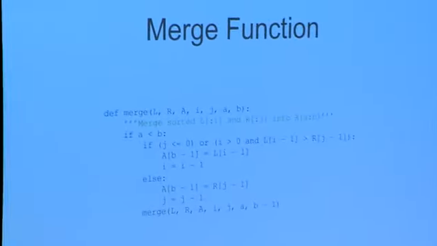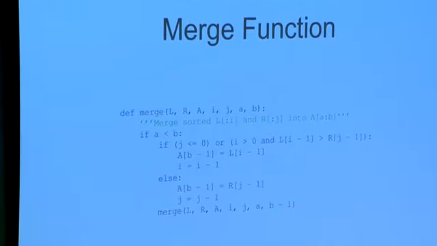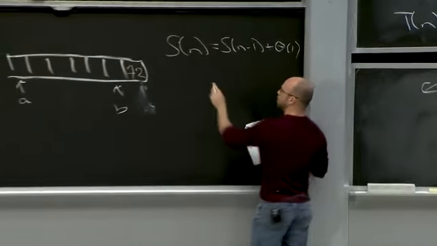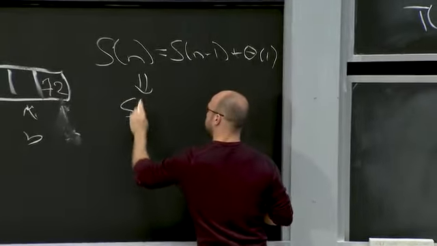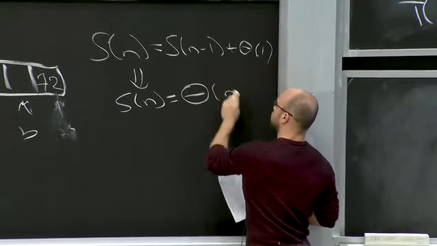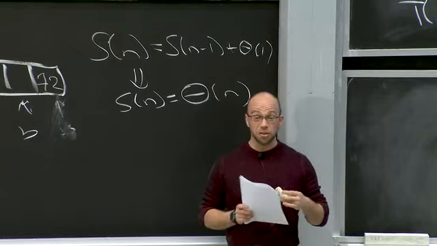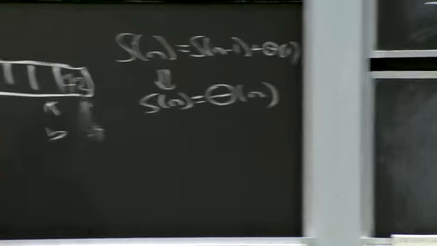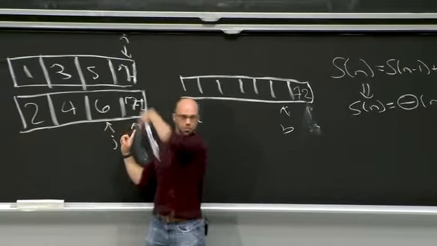So in some sense, we have S of n equals S of n minus 1 plus theta of 1, which we already know from our previous proof means that S of n is equal to theta of n. So in other words, it takes linear time to merge. It kind of makes sense intuitively, right? Because essentially you're touching every one of these things once with your 2 fingers.